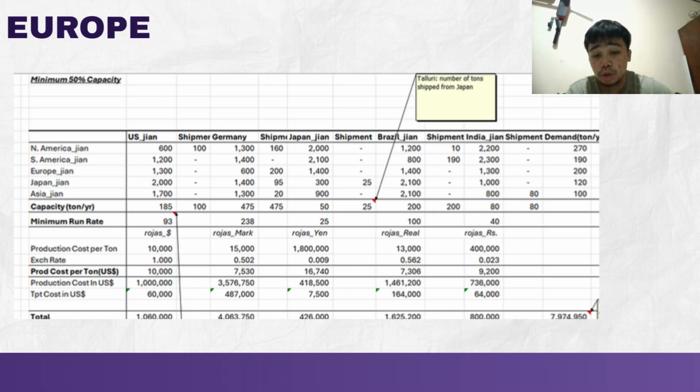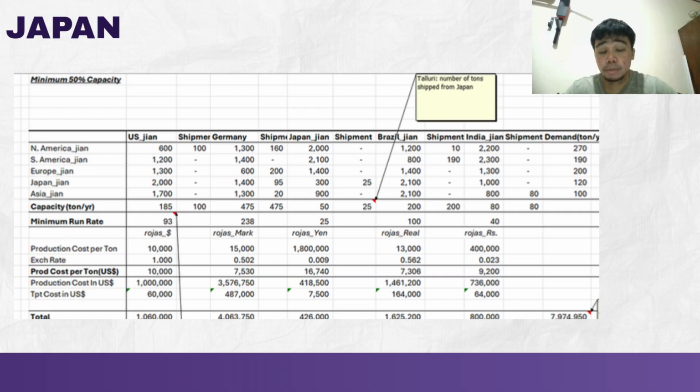The transportation cost within Europe is very low, considering that Germany is in Europe already. Germany also has the largest capacity, allowing it to supply large demand across all of Europe. So the fact here is that Germany has low cost, large capacity, and proximity, which makes Germany an ideal option for the continent of Europe.